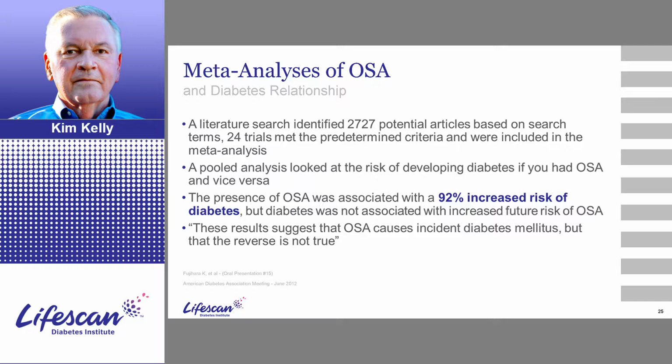And what they found was the presence of obstructive sleep apnea is associated with a dramatic increase in the risk of diabetes, but diabetes itself was not associated with increased future risk of obstructive sleep apnea. So yes, obstructive sleep apnea causes diabetes or certainly makes the condition worse. Whether diabetes itself is associated with future risk of OSA, the author concluded in his wonderful evaluation, these results suggest that OSA causes incident diabetes, but that the reverse is not true.